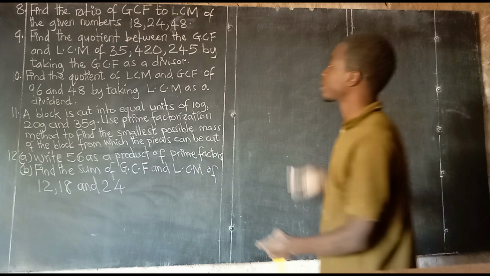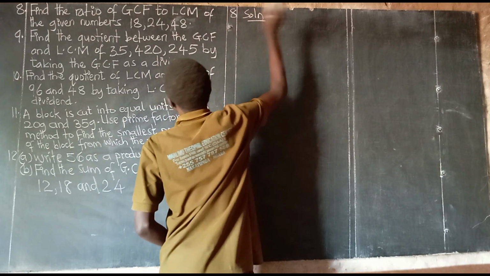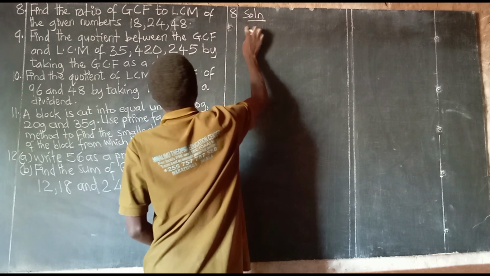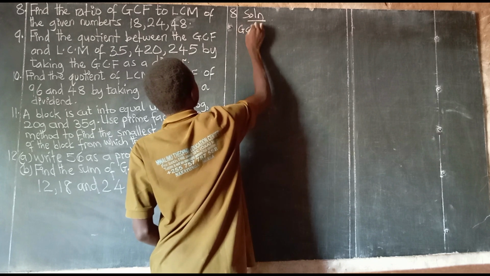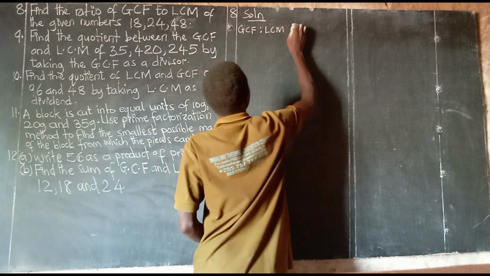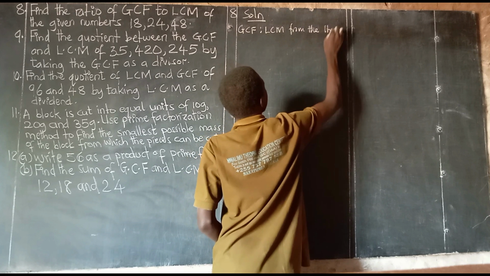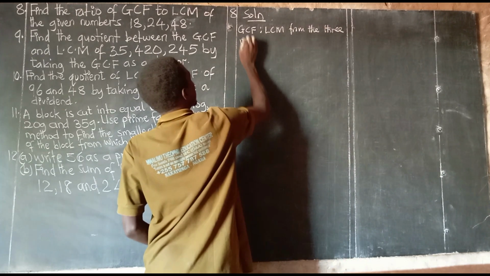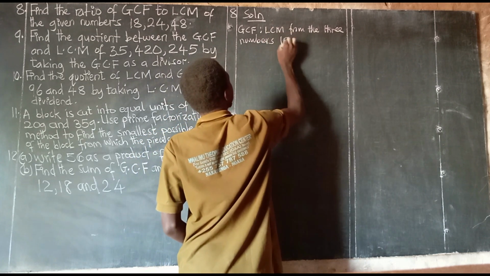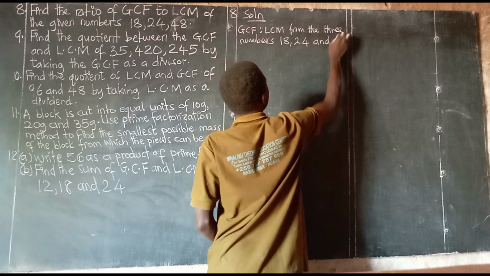Now let us see the solution. Number 8. Solution. We have 3 numbers. We are asked to find the ratio of GCF to LCM from the 3 numbers, which are 18, 24, and 48.